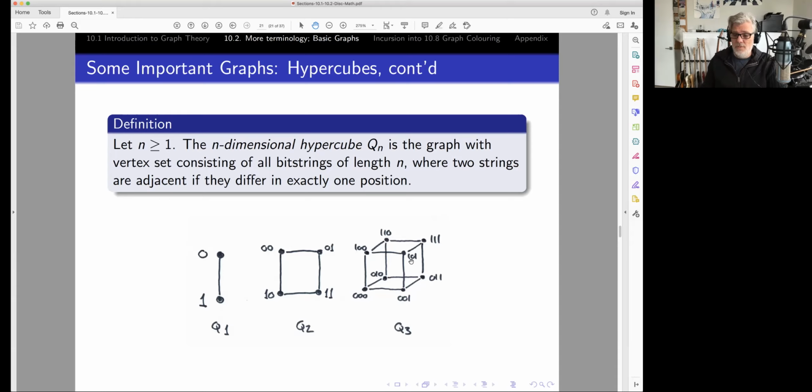You make a second copy of this. This is the 0 copy, you have the 1 copy, and you connect corresponding vertices like that. You're going in the 4th dimension. And then you can create the 5-dimensional hypercube like that, but it gets a little messy, obviously. But that's a nice little exercise.